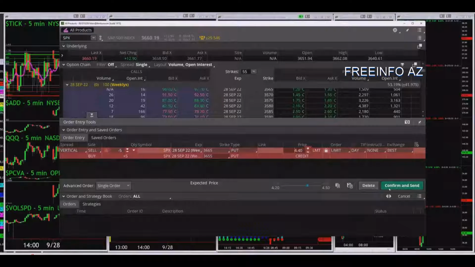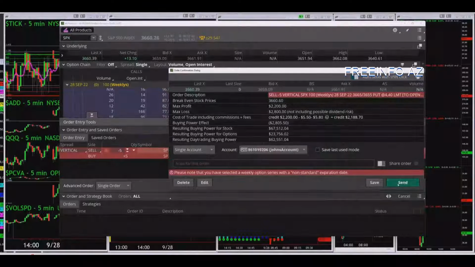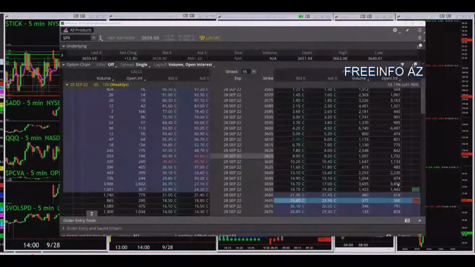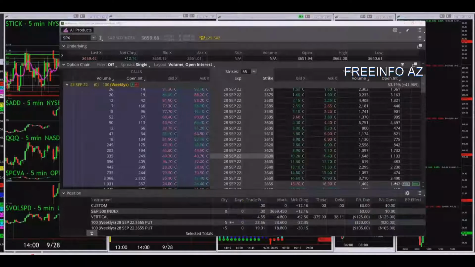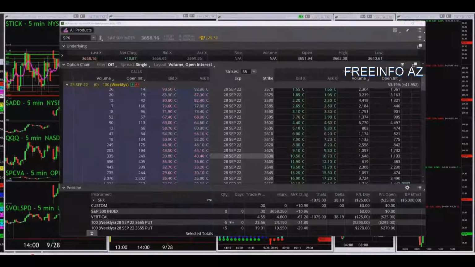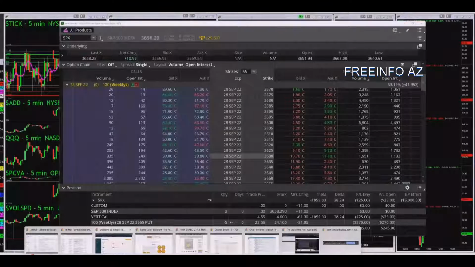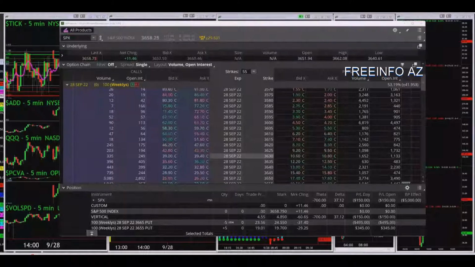Let me see if I can get that. So $10 wide on SPX is $1 wide on SPY. SPY is 1/10 the size. All right, filled.